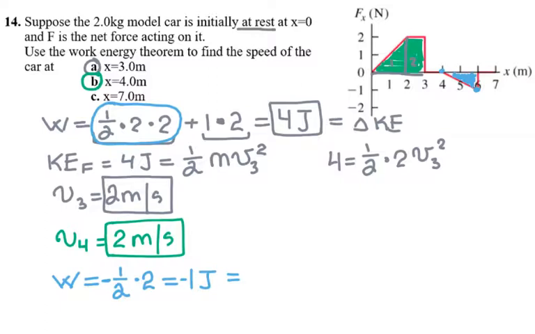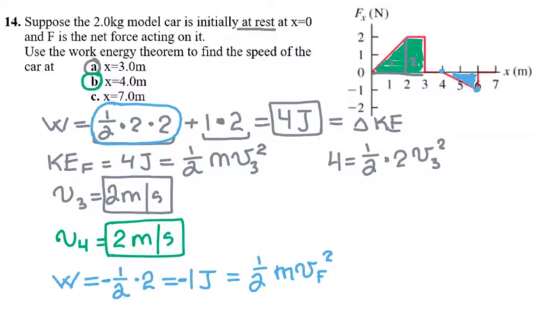So I have -1 joules, and that is equal to 1/2 mv final squared. And I'm not going to plug in the negative number, but that will tell me how much velocity is lost because the negative work is done. So I will know exactly the velocity at 7 meters.